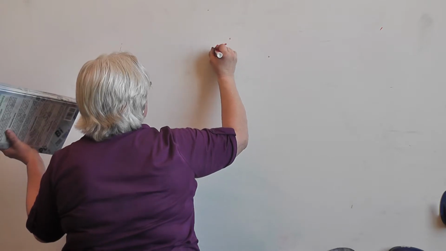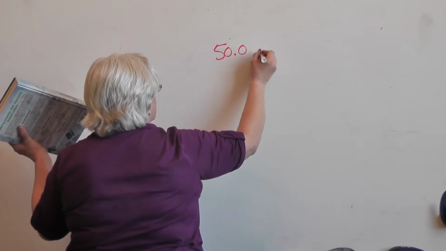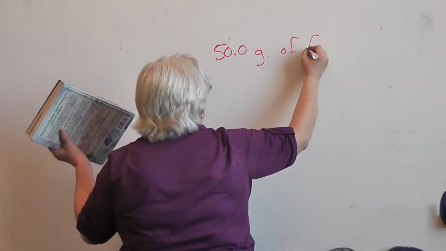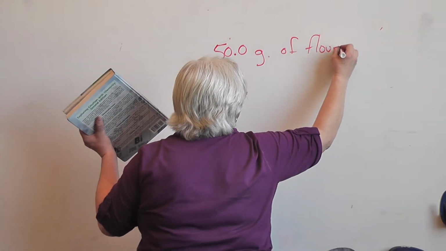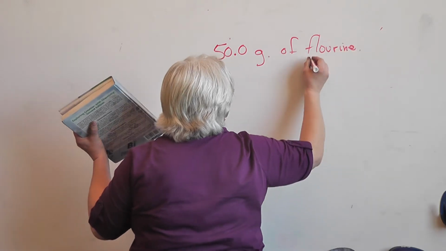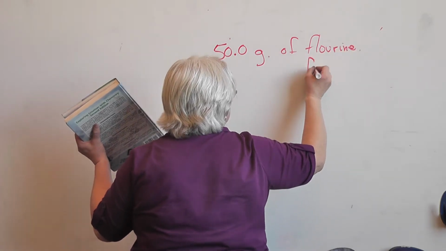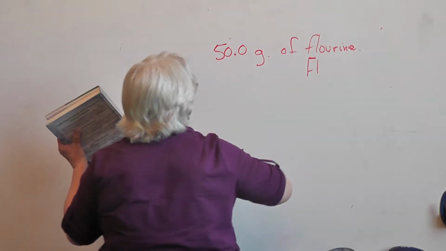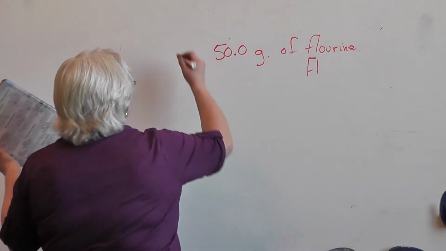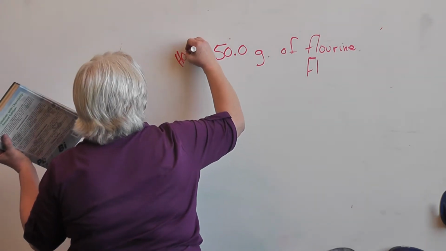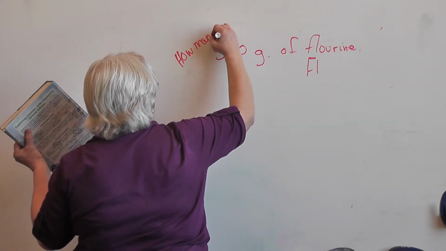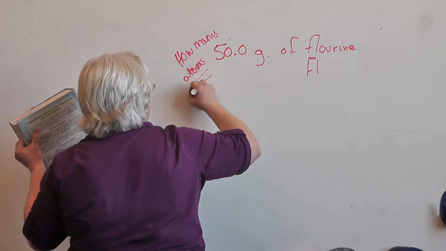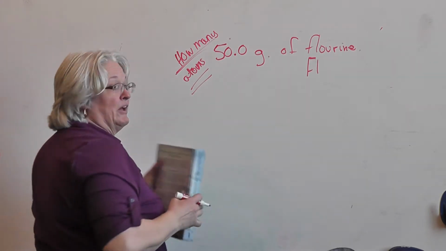So we have 50.0 grams of fluorine, which has the abbreviation F. How many molecules? Rather, how many atoms, because it's an element. Molecules are compounds, atoms are elements.